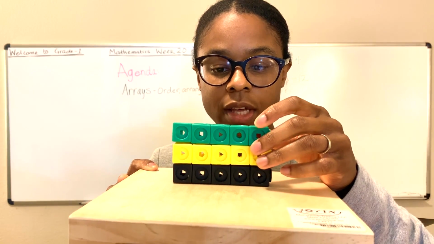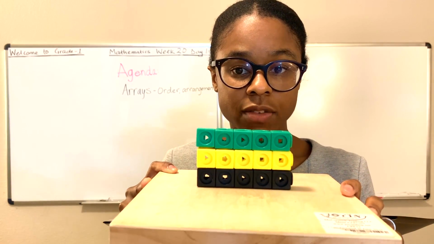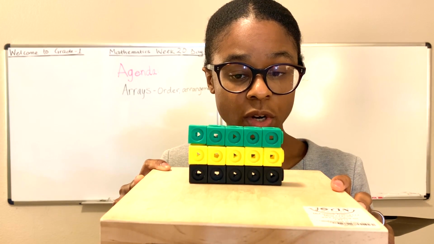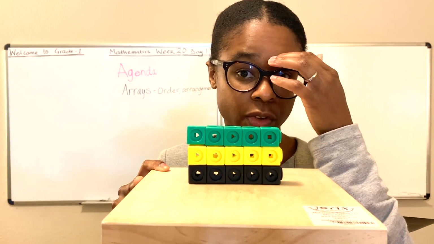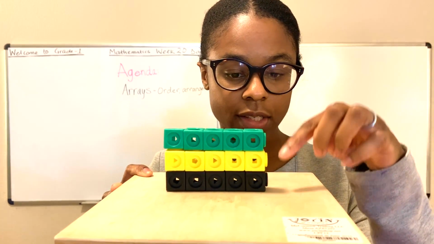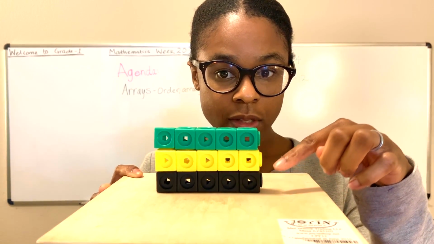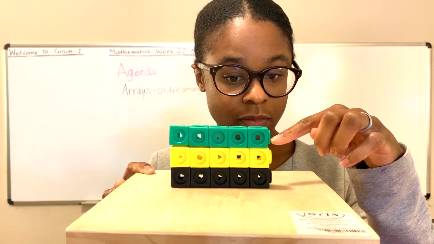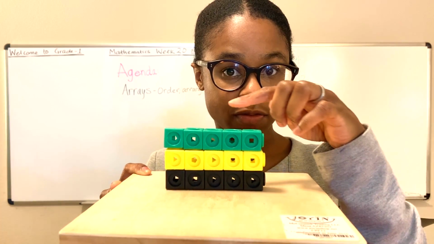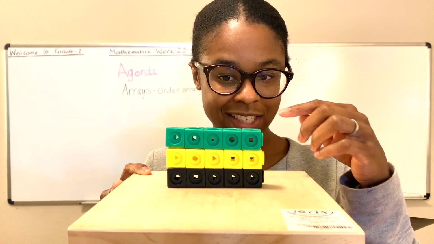And we know that if we wanted to find out how many total cubes are here, what are we going to do? We're going to count by 5s because we're counting the number of cubes here. So you could say 5, there are 5 here, 10, 15. So 3 times 5 is 15. Good.